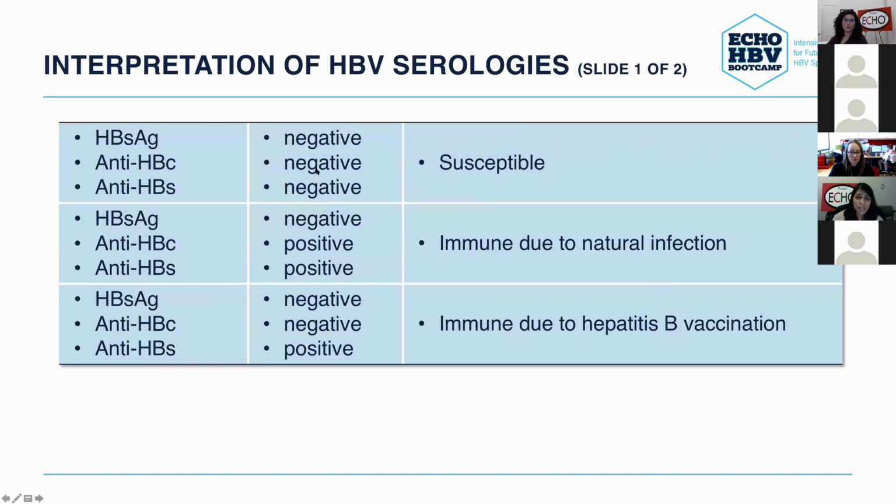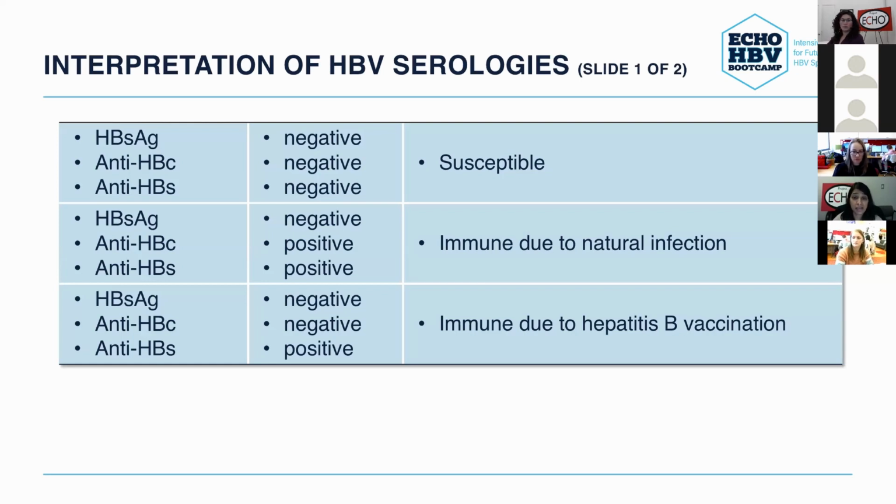This is a category of persons that we will often think about offering and counseling, recommending for them to be Hep B vaccinated. Now remember, we have highly effective vaccinations for hepatitis B. Starting in 1991 in the United States, we implemented more universal administration of a Hep B vaccine at birth, which has really led to a steady downward rate of Hep B infection in persons born in the United States since 1991.